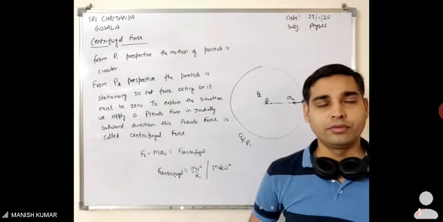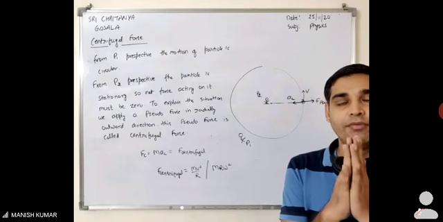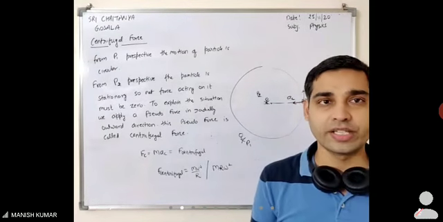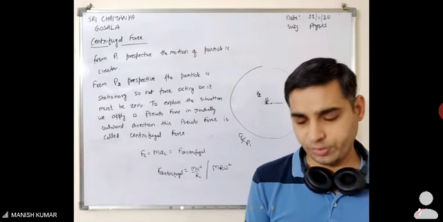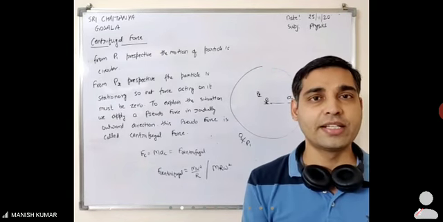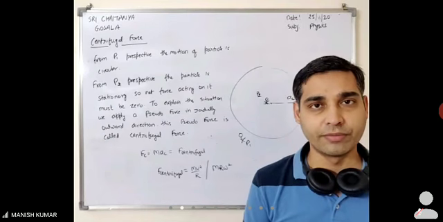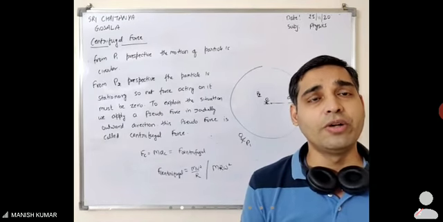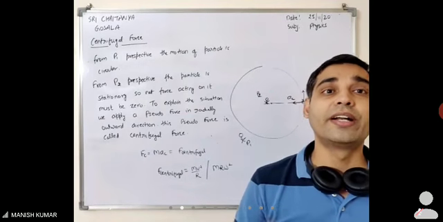So all in all, try to understand: when a body revolves in a circle, there must be a force towards the center. That could be tension, gravitation, electrostatic force, anything, and that is acting as the centripetal force. First thing. When you observe the particle from the center of the circle, you need to apply a pseudo force radially outward.